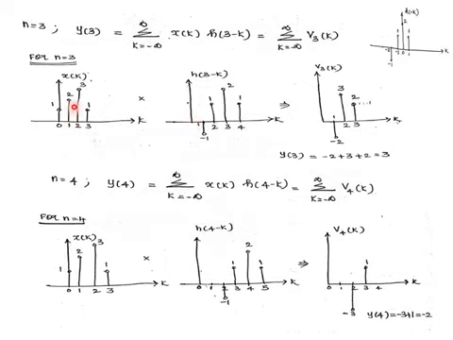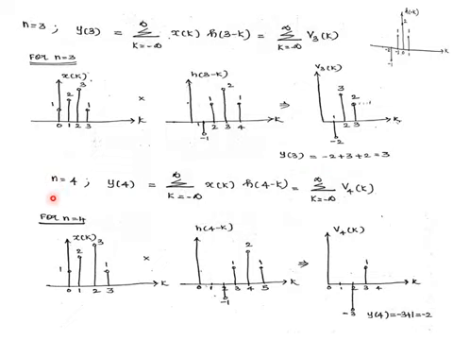K is equal to 1, its value is 2. Here the value is minus 1. 2 into minus 1, its value is minus 2. At k is equal to 2, the value here is 3, whereas the value here is 1. So 3 into 1, its value will be 3. At k is equal to 3, here the sample is 1, here the sample is 2, 1 into 2, its value is 2. Then add all these, it is minus 2 plus 3 plus 2. So at n is equal to 3, y of 3's value is 3.